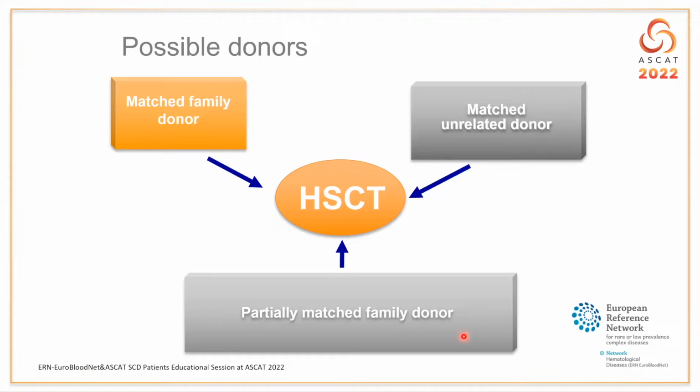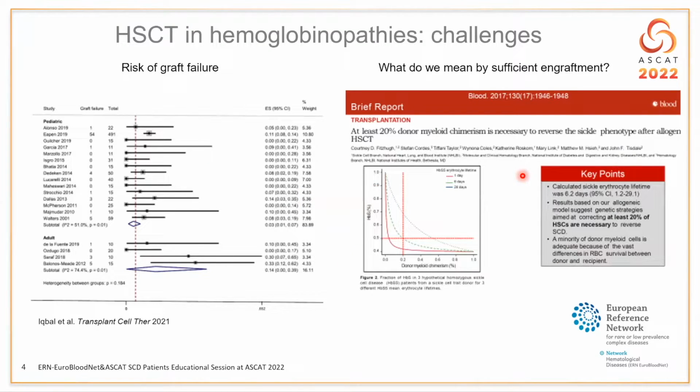Nowadays, and I will show you the results, we know that a transplant from a haploidentical donor, a transplant from a partially matched family donor, can give results that are superimposable to that of a matched unrelated donor. The technique to perform the transplant is slightly different, but the results are really similar, and I will show you them.